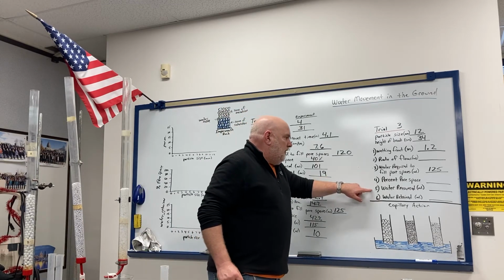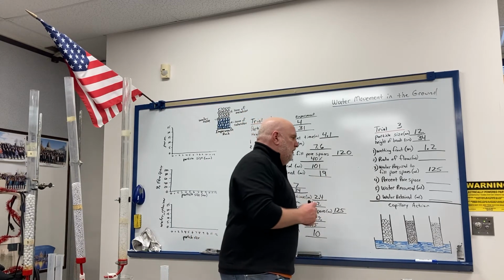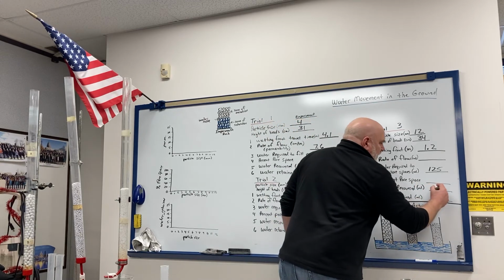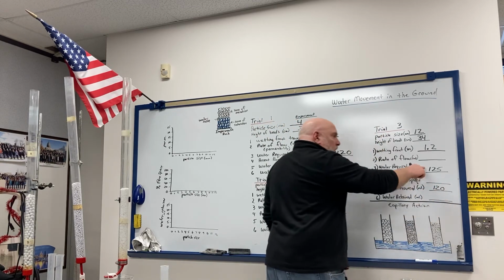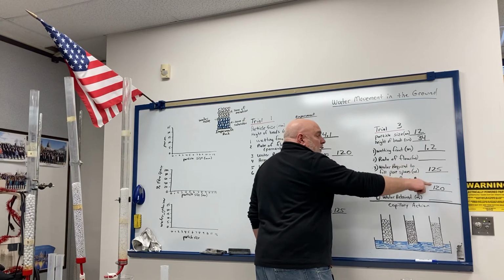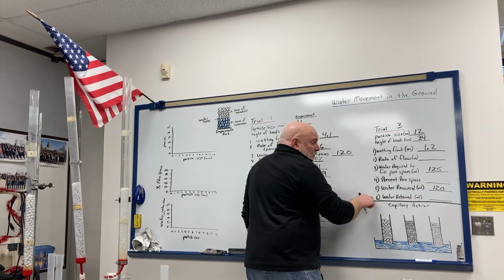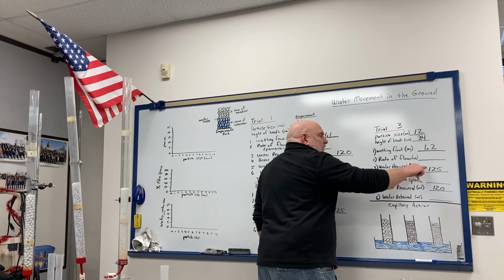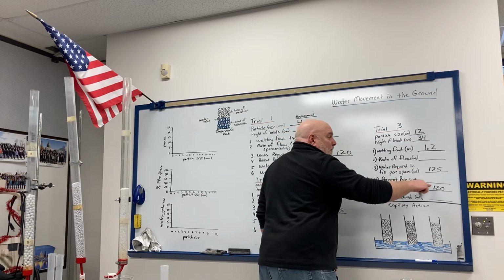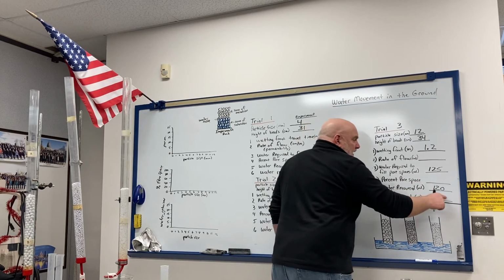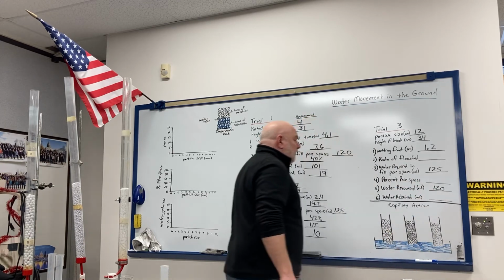So the water recovered was 120. So I poured in 125, and 120 came out the bottom. So if I want to calculate the water retained, I do 125 minus 120. That'll give me the number I get right there.